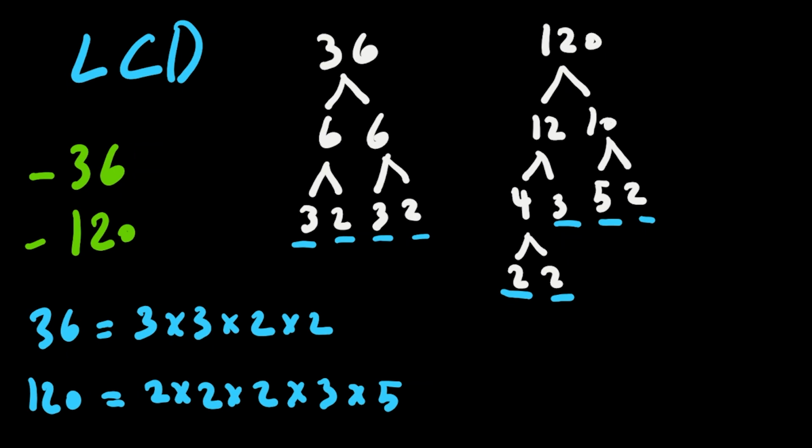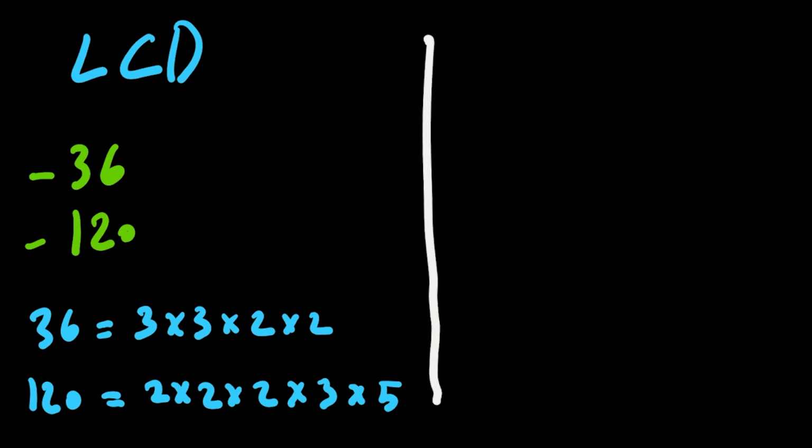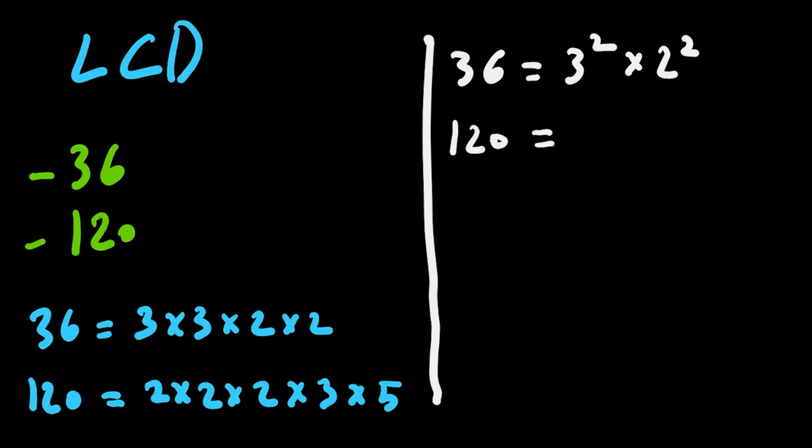Let me just make some space and remove this. So now 36 equals 3 to the power 2 multiplied by 2 to the power 2, and 120 equals 2 to the power 3 multiplied by 3 multiplied by 5.